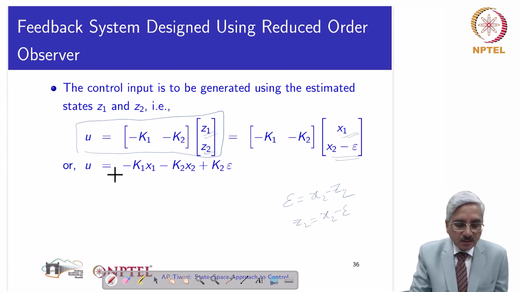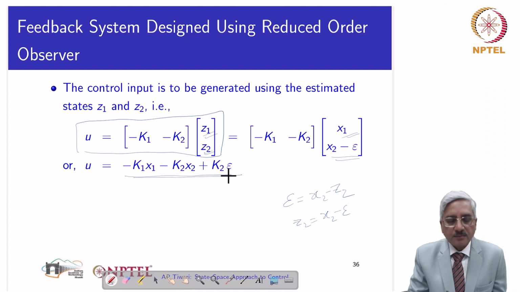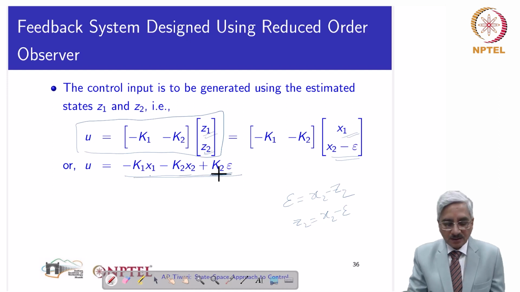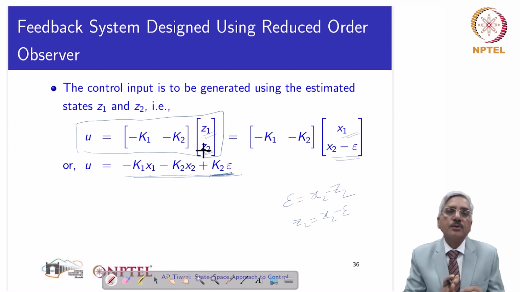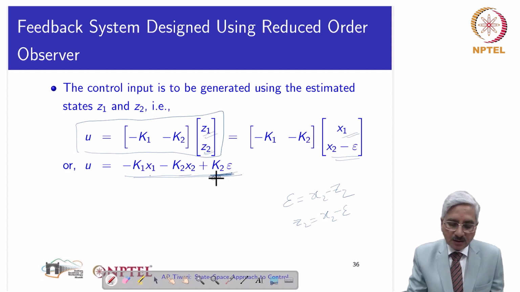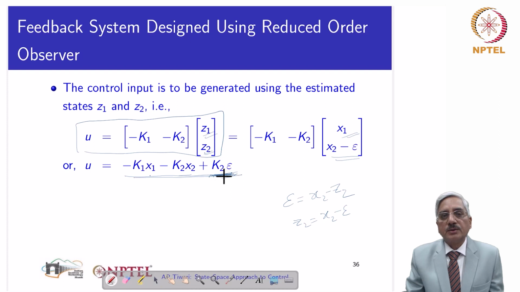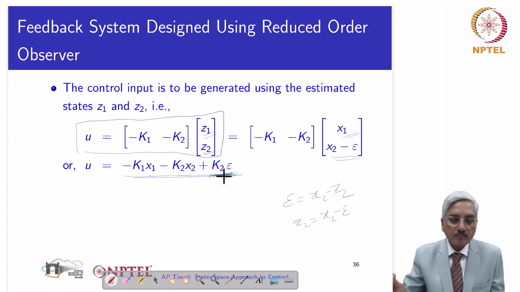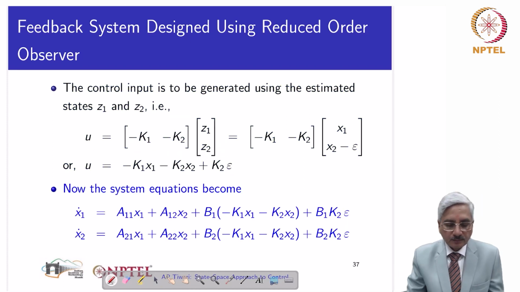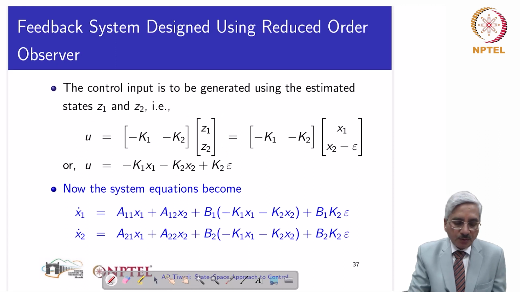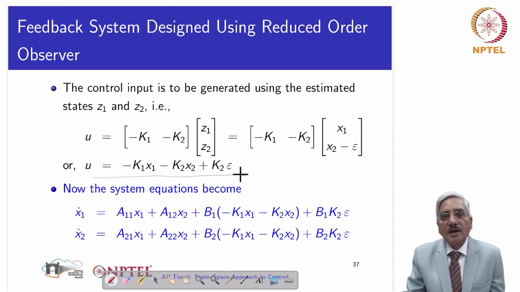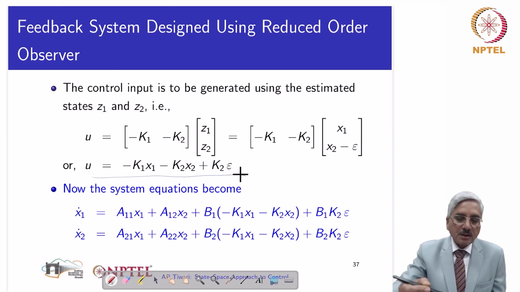So we get the input generated like this, K1 X1, K2 X2 and K2 epsilon. This is that through the error. As long as Z2 is not equal to X2, this K2 times epsilon will be non-zero.